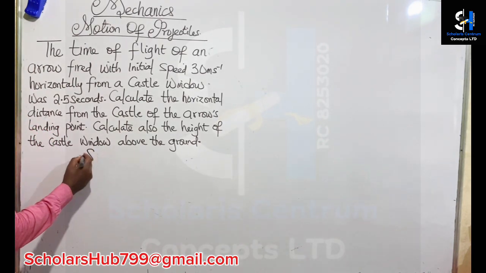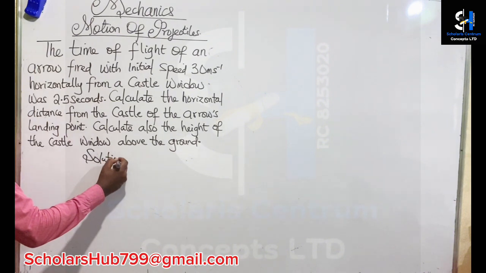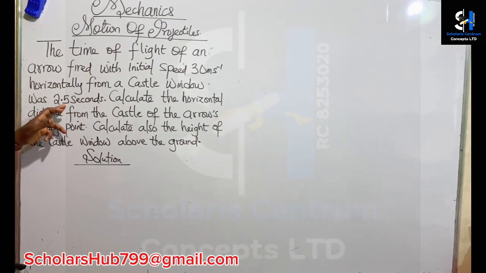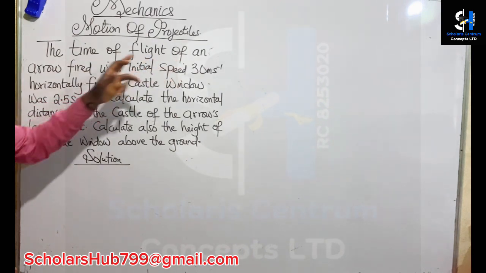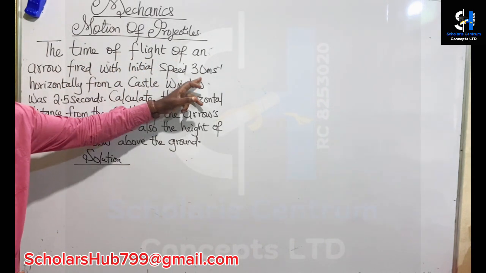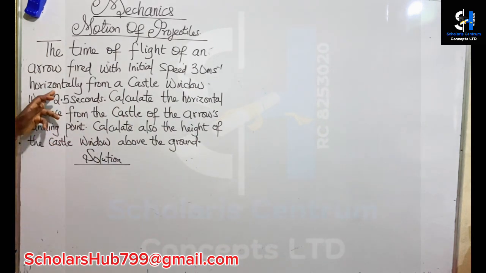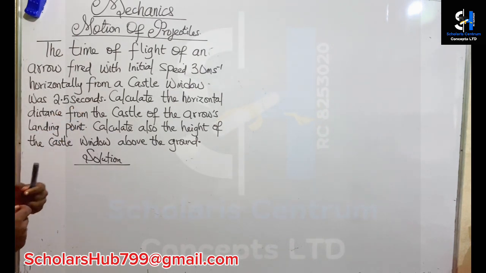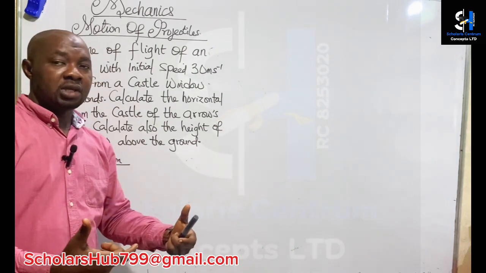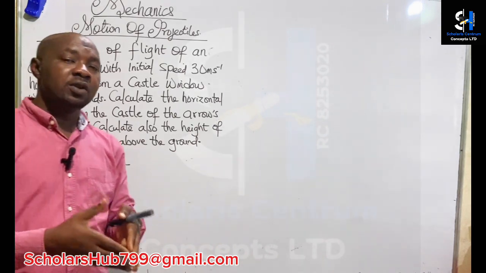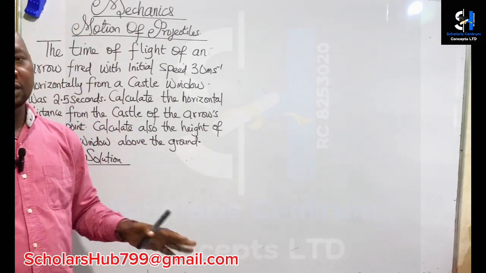According to the question, we are given the time of flight, and the arrow is fired horizontally. That means the initial vertical velocity will be equal to 0.